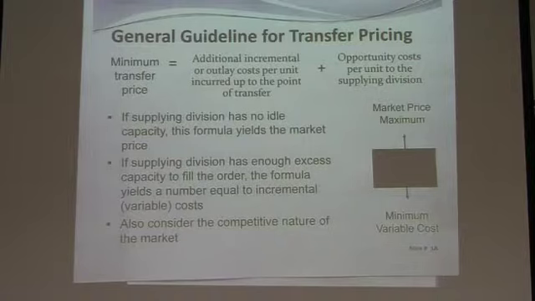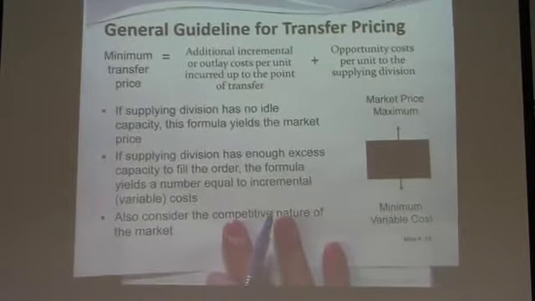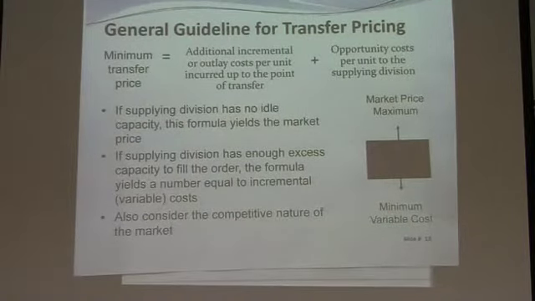From the buying division, you want to pay no more than the market price for that particular raw material. If I have to pay normally $60, then if I buy it for less than $60, it's probably a win for me as well, because my variable cost is lower if I purchase internally.